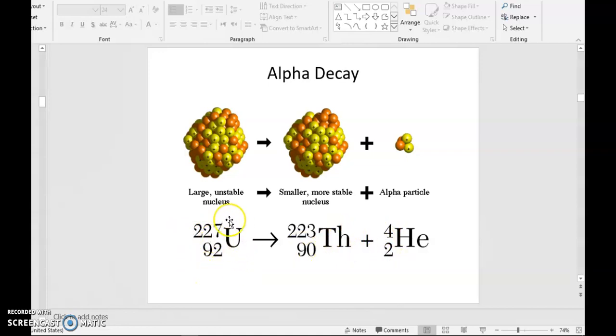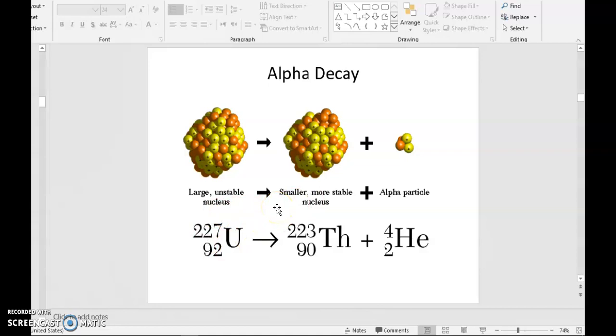So if I give you this one and tell you that it's an alpha decay, then it's very easy to figure out the rest. Simple math, nothing complicated here. All this chapter is just adding and subtracting, so just follow the method and it will be very easy to practice.